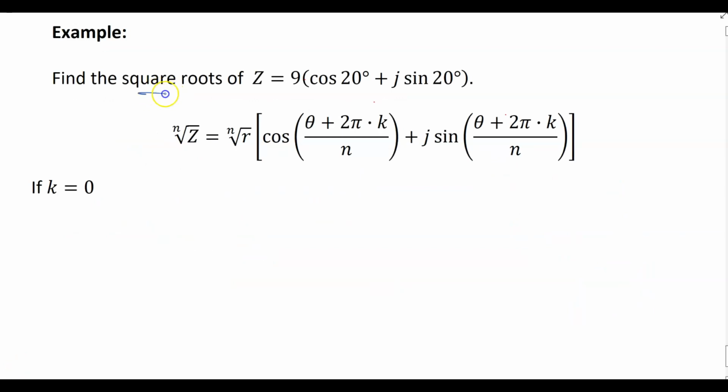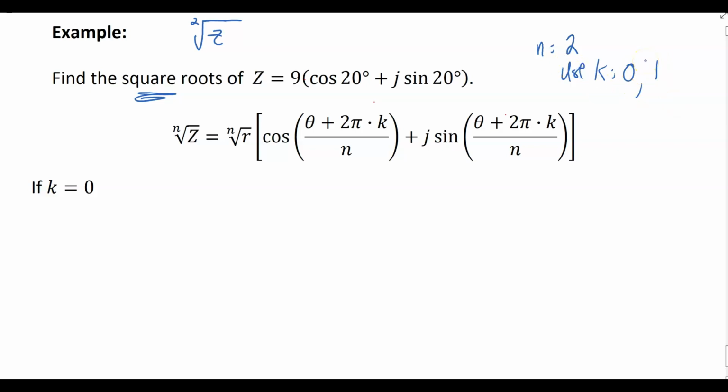Find the square roots of z equal to 9[cosine 20 degrees plus j sine 20 degrees]. We are finding the square root of z, therefore our n equals 2. So that means we must use k equal to 0, k equal to 1, and stop there, since 1 is n minus 1, or 2 minus 1.